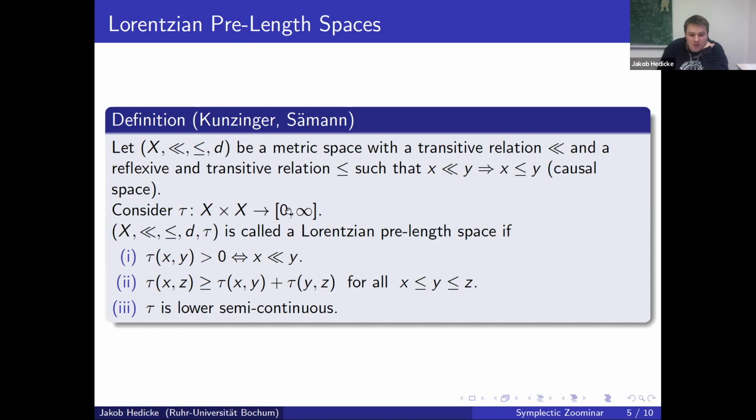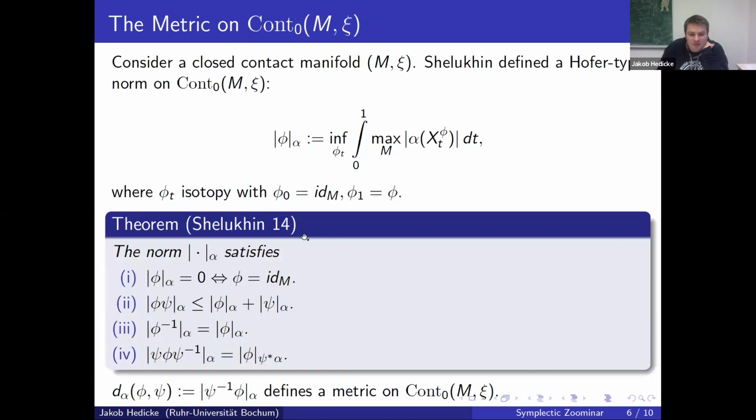And in this case, there's an analogous metric defined by Rosen and Zhang, which also uses the Hofer-Shelukhin norm, taking the infimum over all contactomorphisms that map a certain Legendrian to another Legendrian.